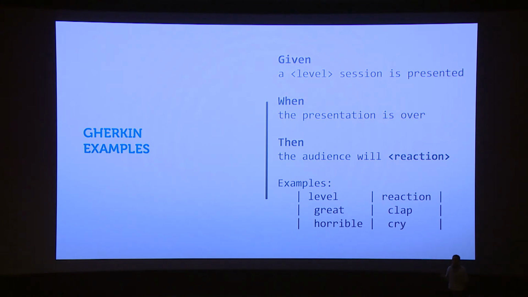And on the bottom, you'll see examples that will be different placeholders. So the examples, if a great session is presented, everybody will clap. If it's horrible, everybody will cry. Those are the things that people will come up with during those sessions called the Three Amigos. And it's really powerful to have the conversation going when it comes to examples.